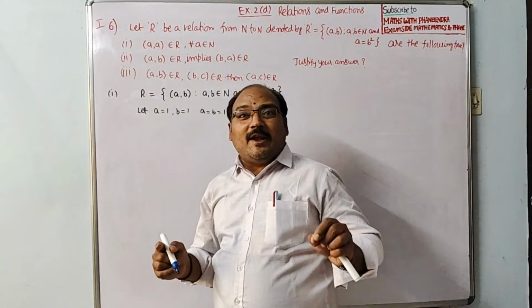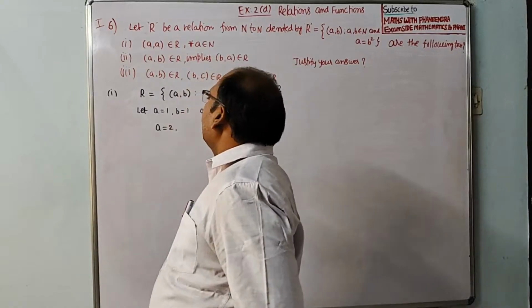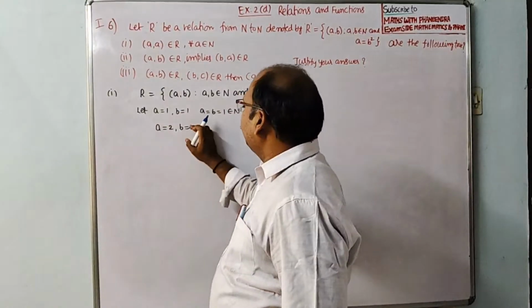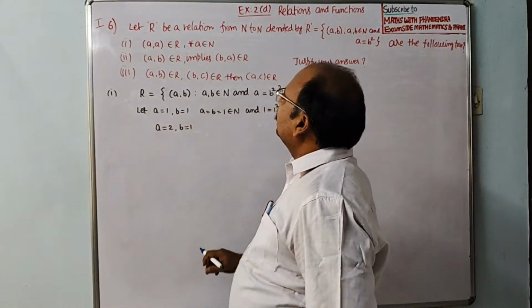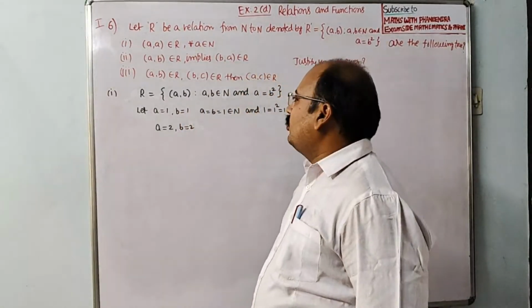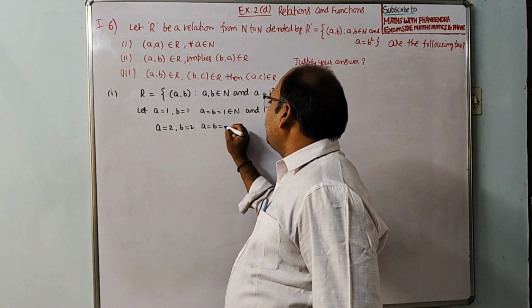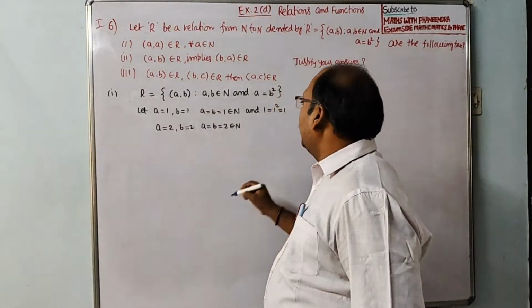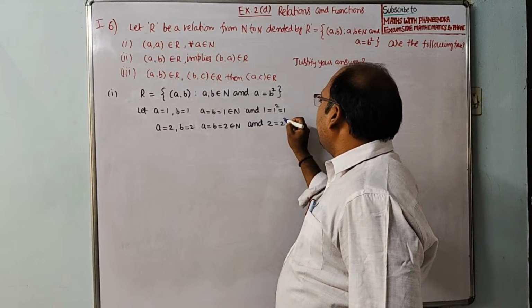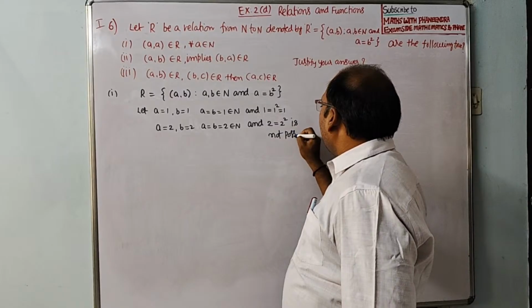But what about if you take a equal to 2? In the first case, 2, 2 you can take. So a equal to b equal to 2 belongs to N, it is possible, and a equal to 2 square is not possible.